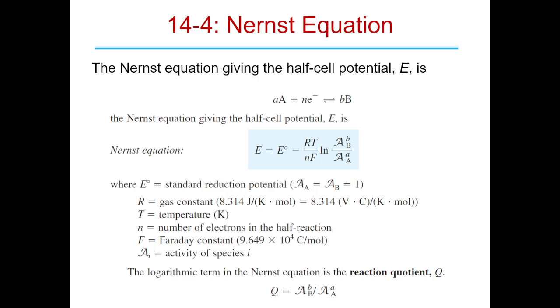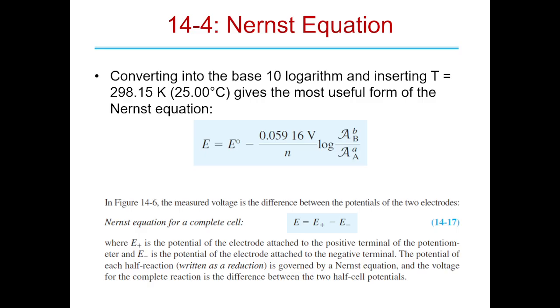So these can change from the ion concentration in the solution, even if they're not involved in the reaction. Anyways, that logarithmic term is referred to as the reaction quotient. That's that Q from our equilibrium work. And again, that's the activity of the products over the activity of the reactants, each to their coefficients in power, right?